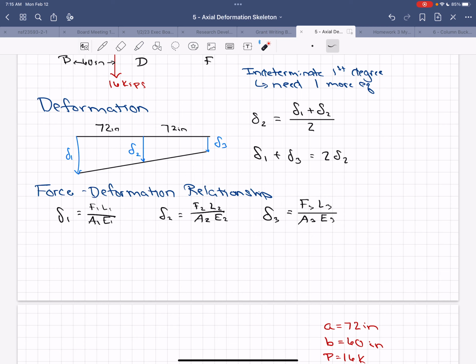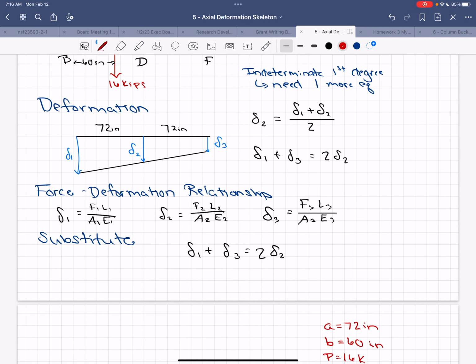Okay, so our next step is to substitute. So we write out that delta 1 plus delta 3 equals 2 times delta 2.